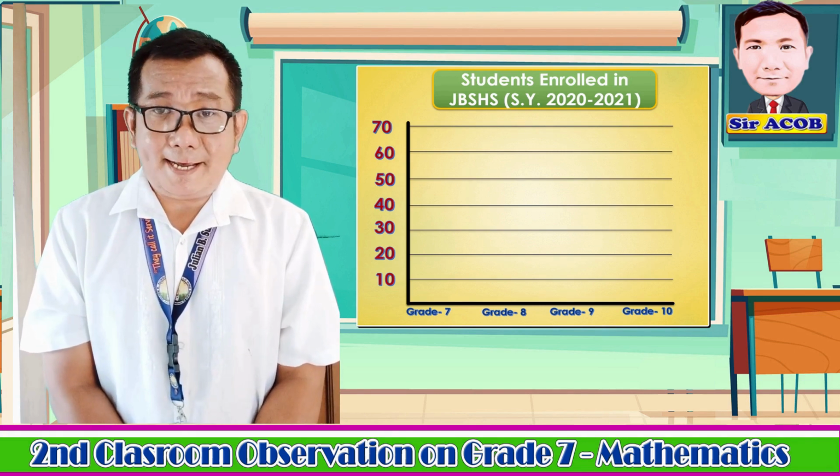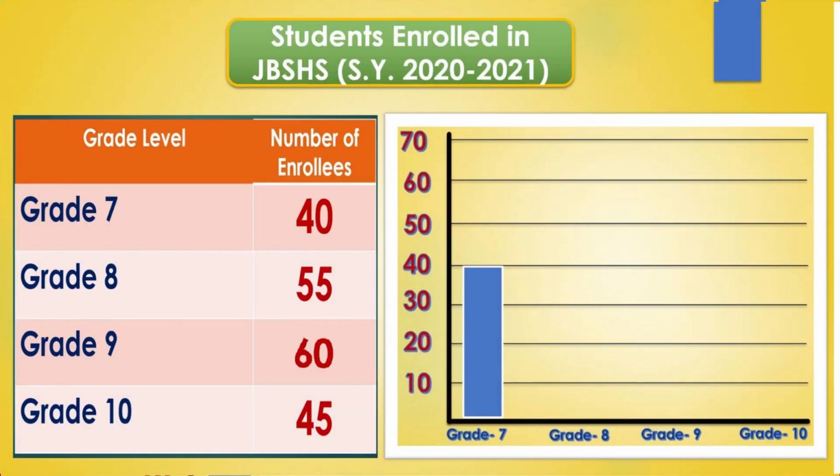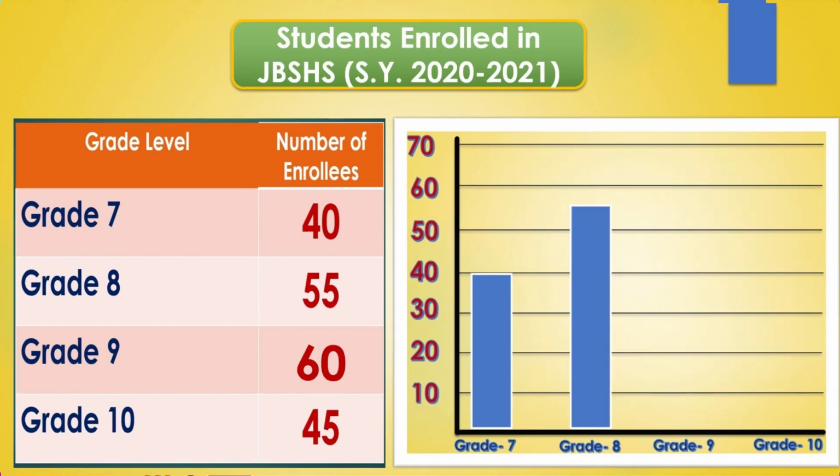So we say grade 7 has 40 students. So just put the level of 40 on the vertical with respect to the horizontal grade 7 and then draw a bar there. Then in grade 8, same thing. So we have 55. So we just align it to the value 55.